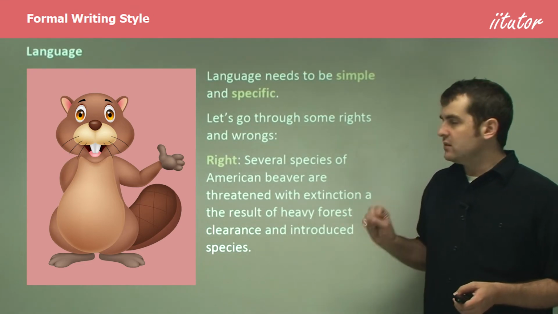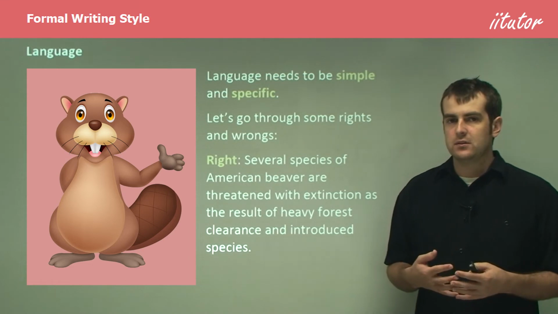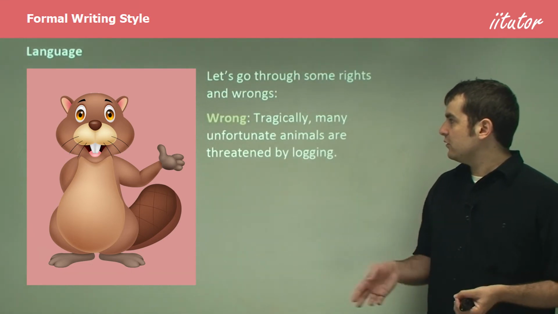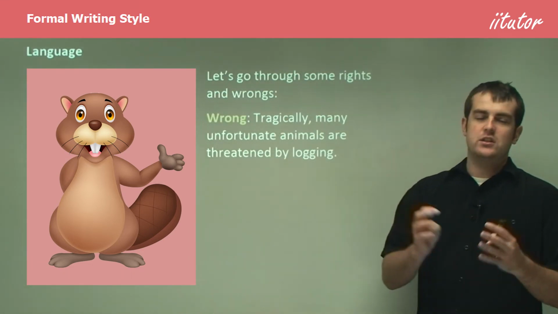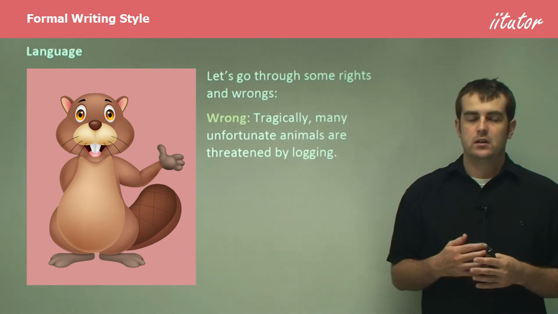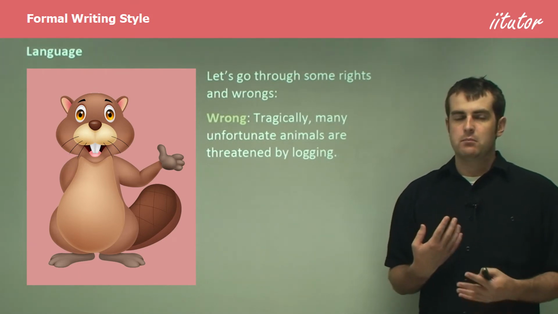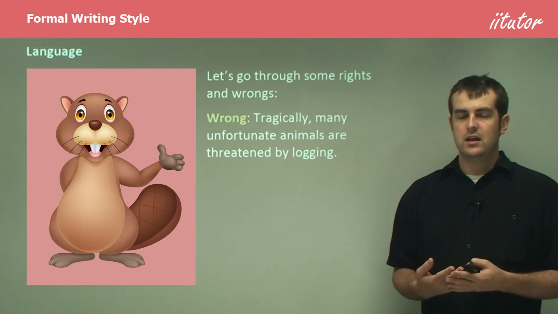But there are things which may be a wrong interpretation, and we'll just go through them in a second. Some wrongs. First of all: tragically, many unfortunate animals are threatened by logging. Now, you might be asking, why is that not appropriate for an essay? It makes very emotional statements and very opinionated statements.